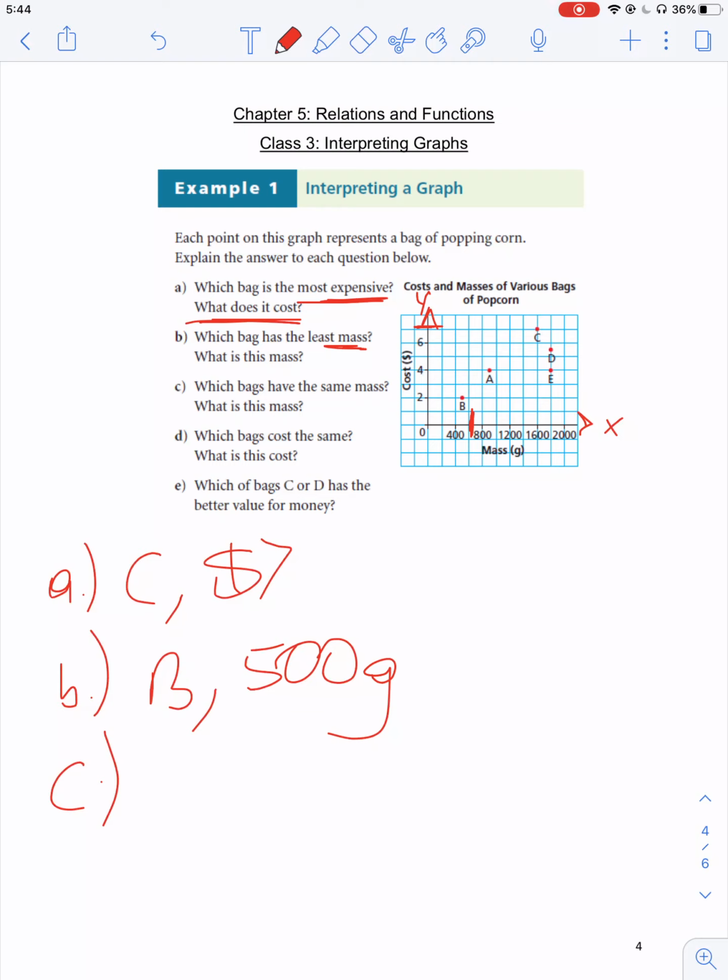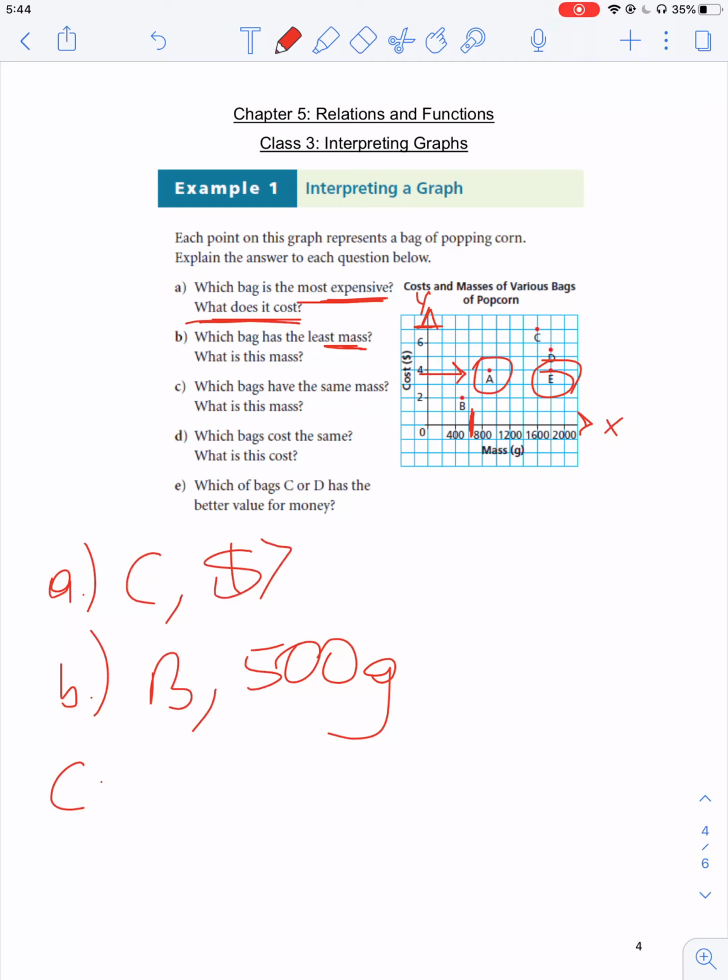Question C, which bags have the same mass? So we're talking about mass. Just be careful, right? As you can see, A and E have the same cost, not the same mass.